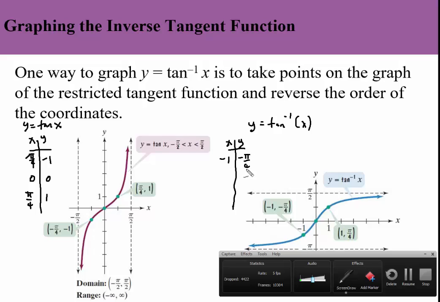Watch what happens here. Again, the (0, 0) doesn't do much. We have this graph where now the y values are between negative pi over 2 and pi over 2. So the asymptotes actually flipped around here on the inverse tangent. And the x values go from negative infinity to infinity, while the y values on the arctangent stay between negative pi over 2 and pi over 2 radians.